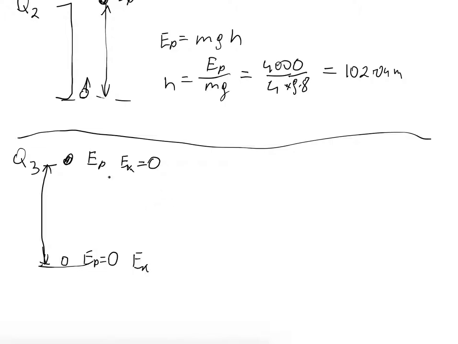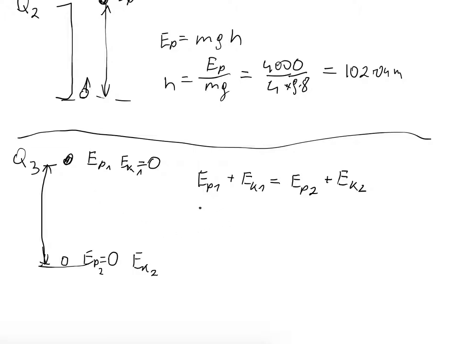So if we write down, let's call these 1, and let's call these 2. If we write the principle of conservation of mechanical energy, we get that EP1 plus EK1 is equal to EP2 plus EK2.